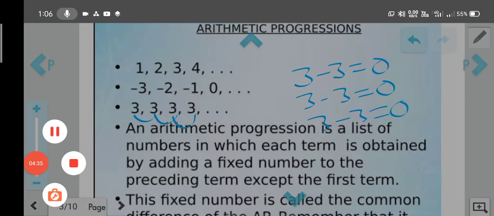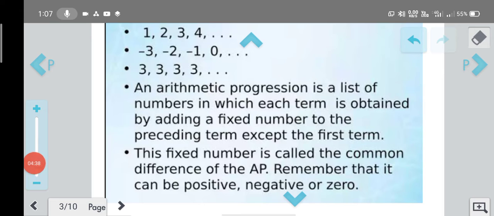Okay. Now see the definition of arithmetic progression. An arithmetic progression is a list of numbers in which each term is obtained by adding a fixed number to the preceding term, except the first term. We have clearly seen this in the above three sequences.